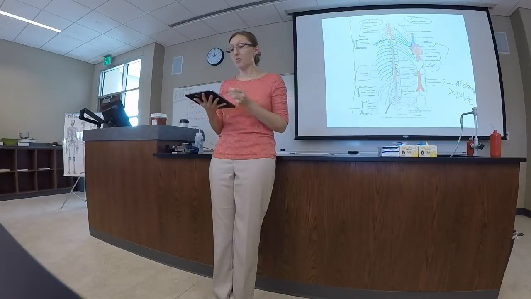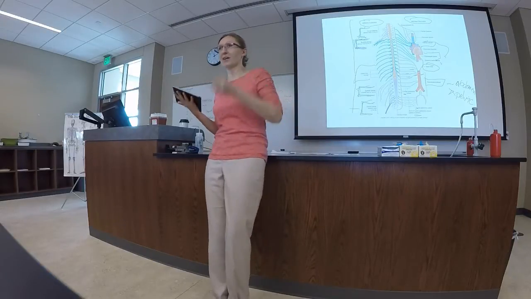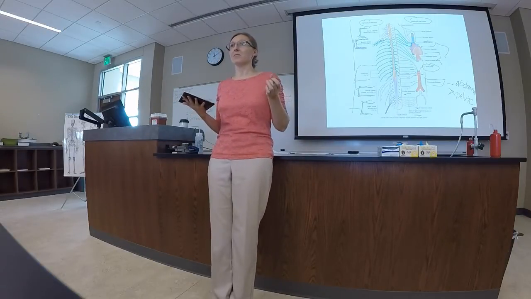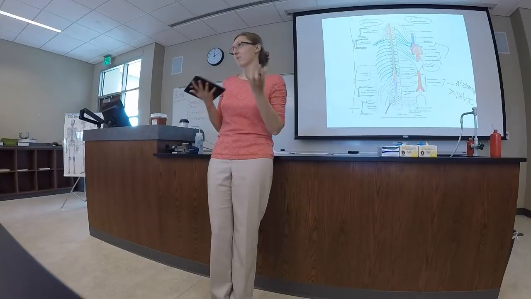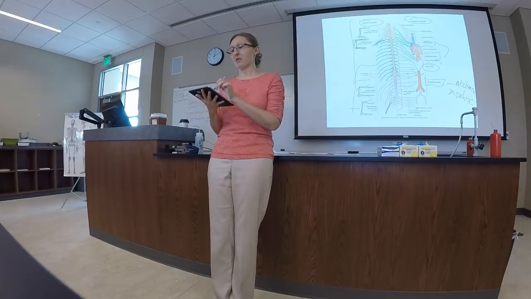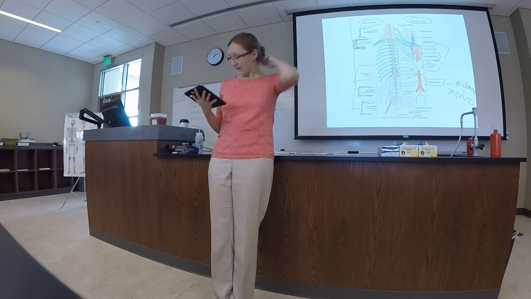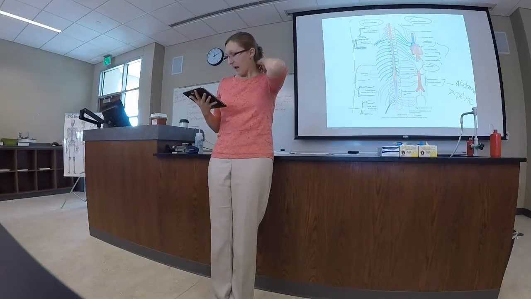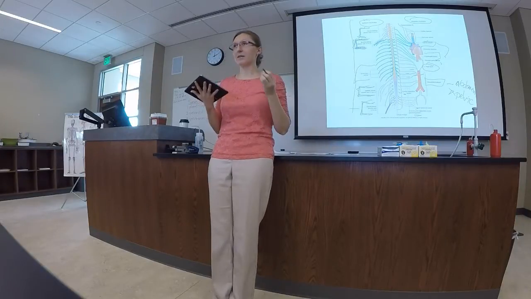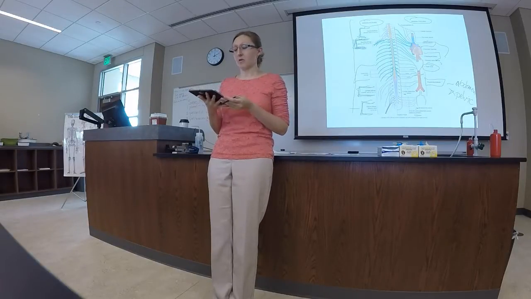So you need to know these, and the reason you need to know these is because as a practitioner, eventually you're going to be dealing with problems in these different areas of the body. So brachial plexus problems with arm function, if you go into that area of medicine, and knowing the plexuses that control these are going to help you be able to work backwards and understand what's going wrong.